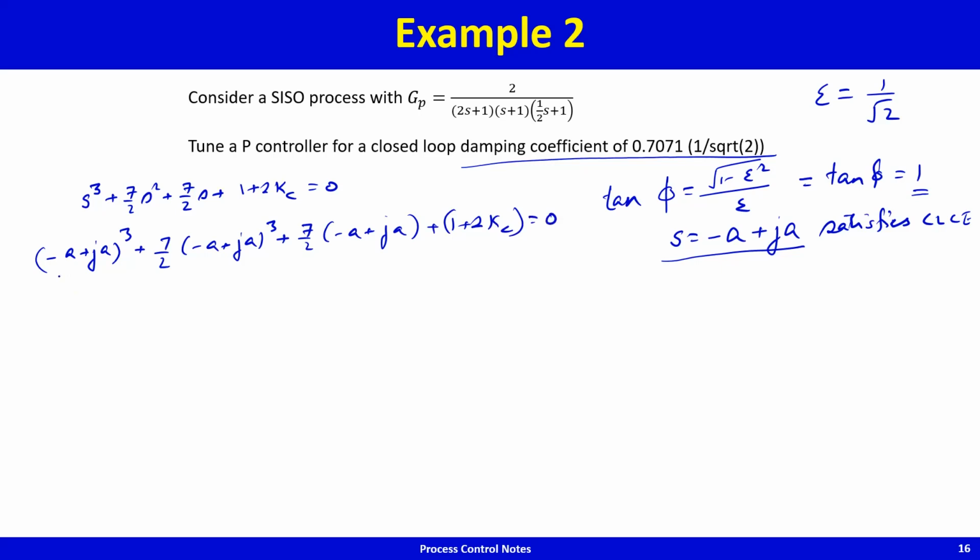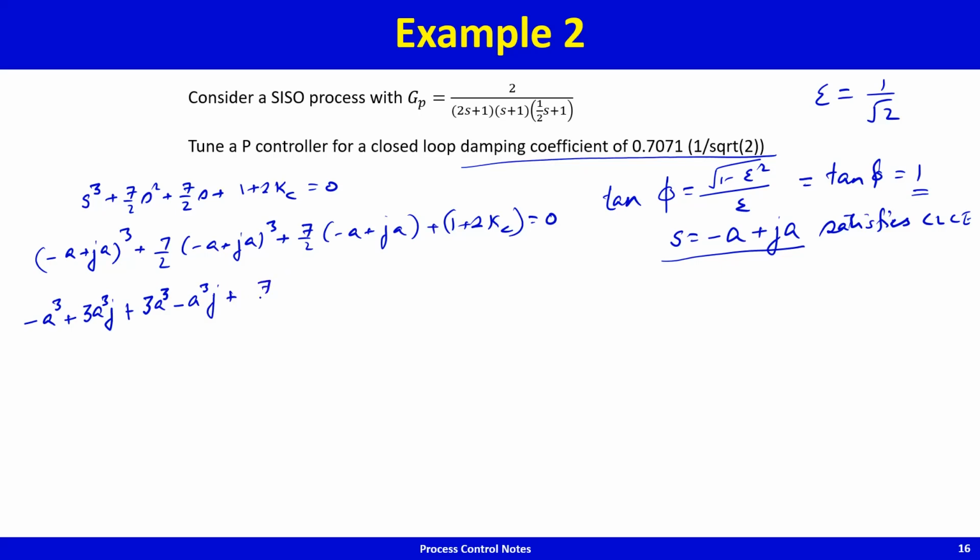Let me do the algebra. The cube gives minus a cube plus 3a cube times j minus 3a times ja whole square, where j square gives a plus, then minus ja whole cube, which becomes a cube j.